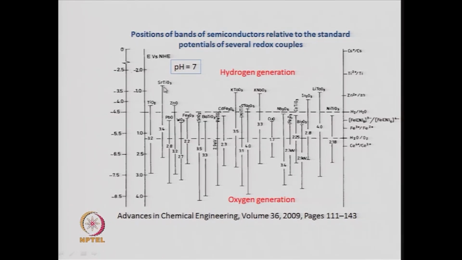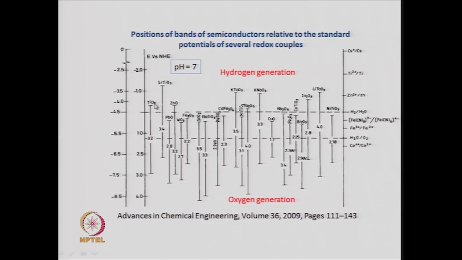If you have a band edge which is higher than the band edge of the other material, then it will be better for hydrogen generation, but poorer for oxygen generation, because the valence band is higher. If the valence band is lower, that would help in oxygen generation.